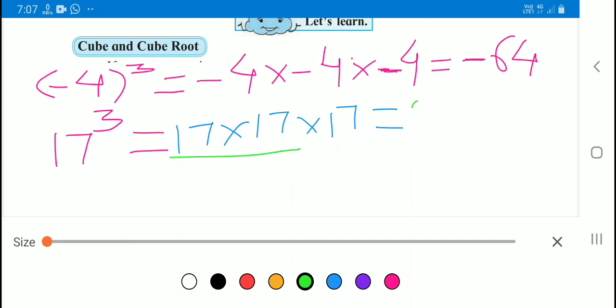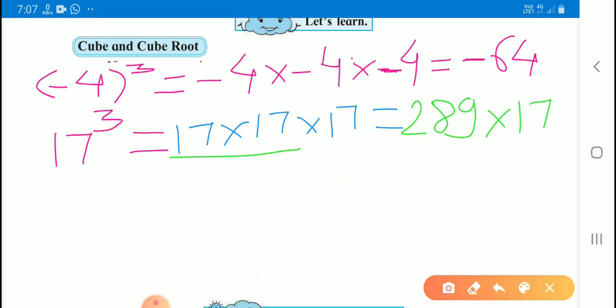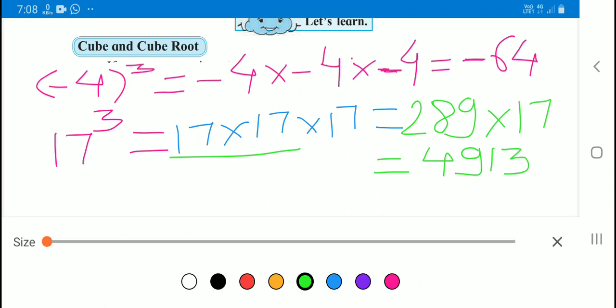It is 289. Multiply it by 17. Then what will you get here? What is the multiplication of 289 into 17? It is 4913.